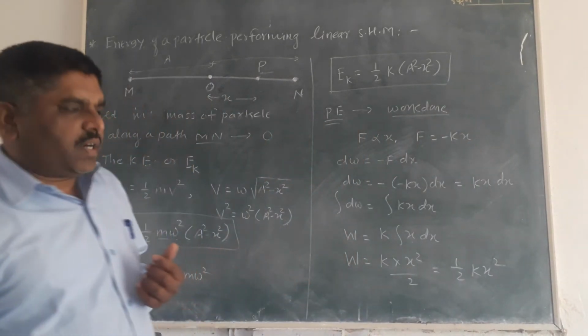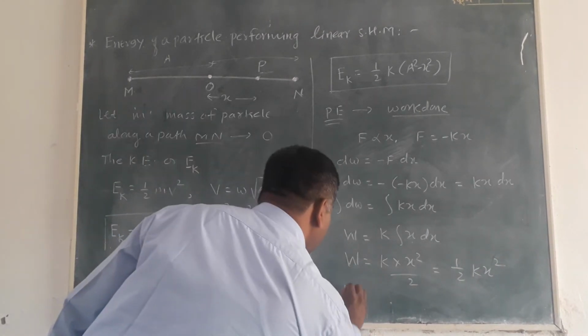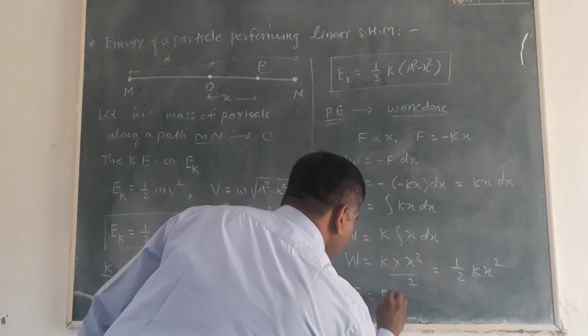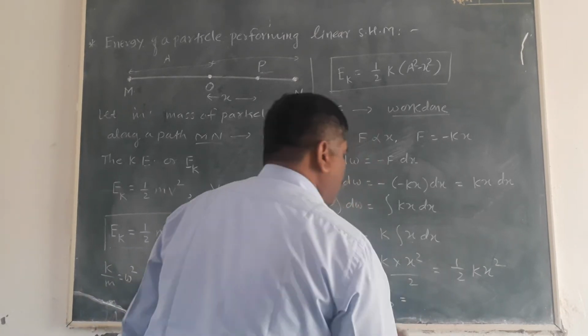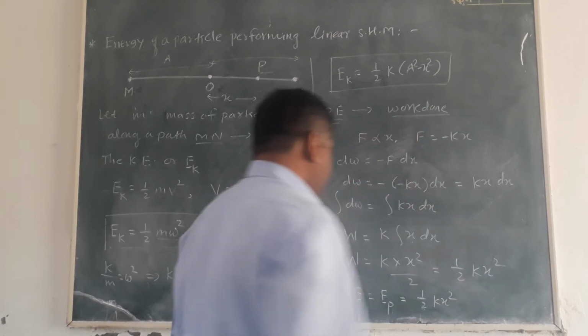But this total work done is in the form of potential energy. Therefore, potential energy Ep is equal to half kx square.